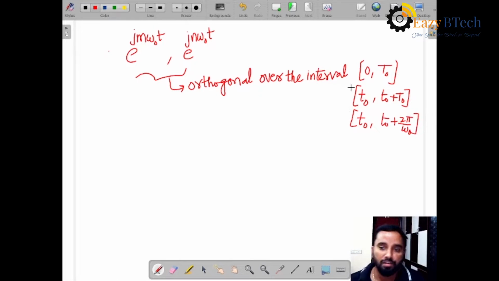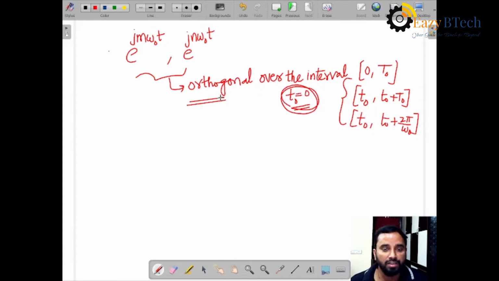In all these intervals they are orthogonal. These are all the same if you take t naught equal to 0. So whenever we do a problem, we consider t naught to be 0, then we can proceed.